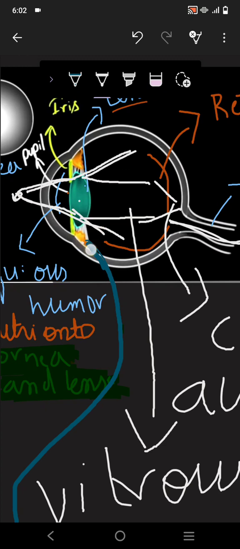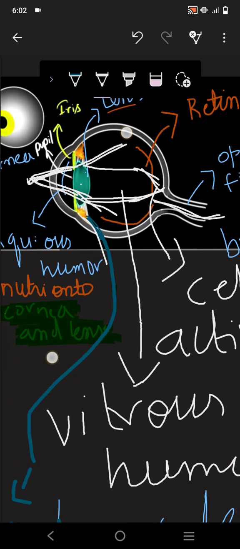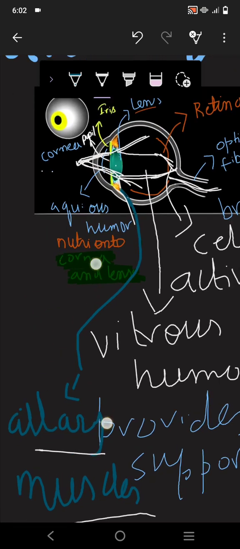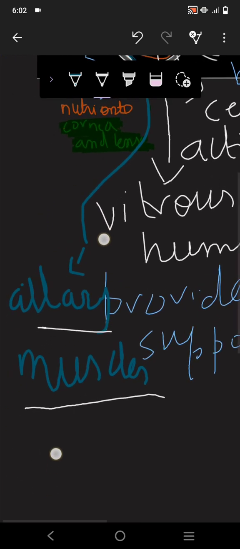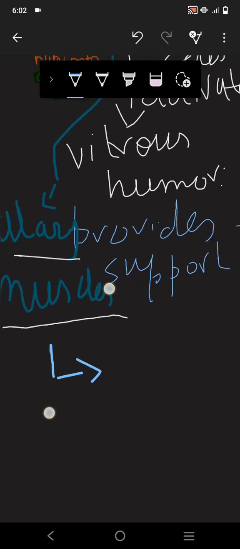Because the ciliary muscles are present, they will require more power to bend these light rays to make your image at the retina. This power of the ciliary muscles is known as the power of accommodation.